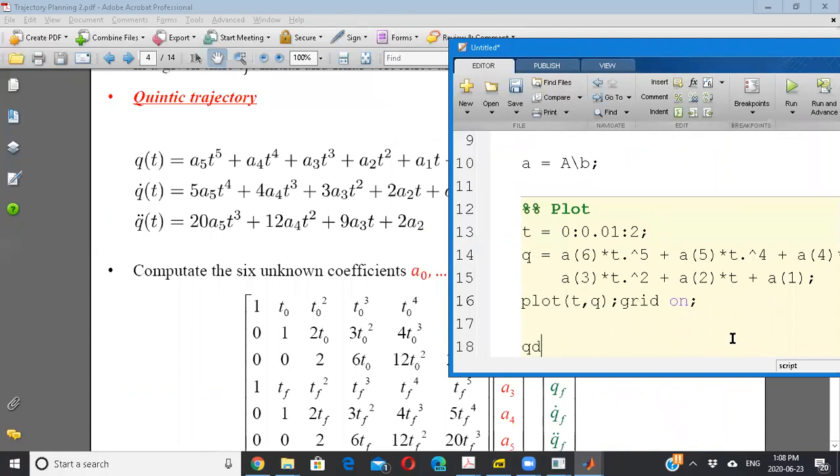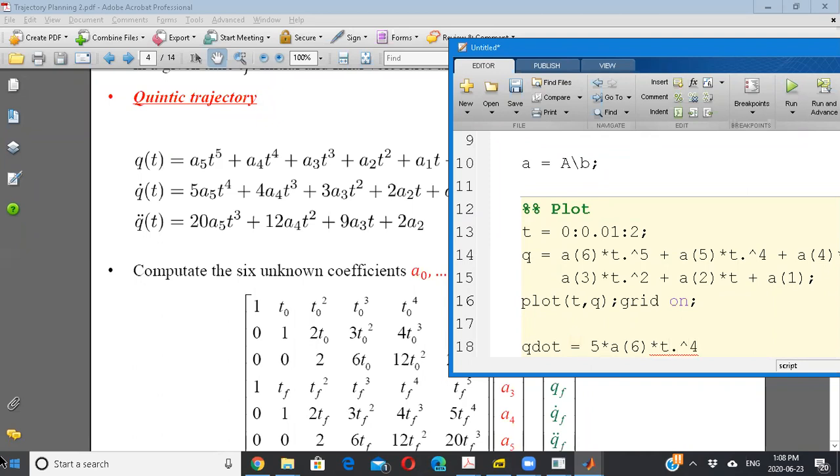Q dot will be 5 A5, 5 multiplied by A5. We are calling it A6 because the numbering here starts from 1.